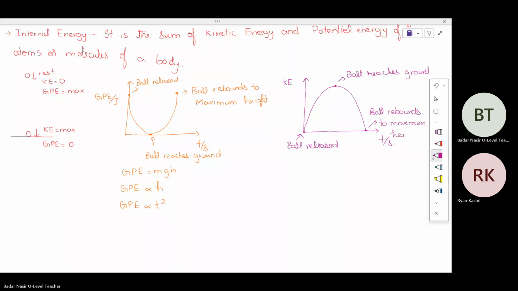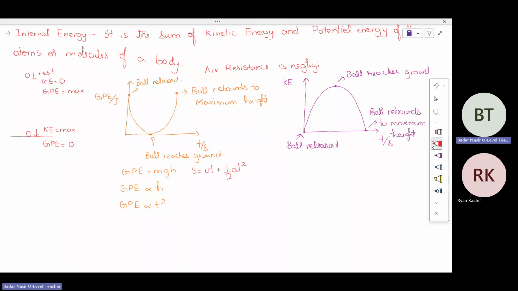height. Acha, now there is one very important thing that I want to tell you guys. You have studied the formula S is equals to ut plus half at square. Okay. Here in this graph, air resistance is negligible.